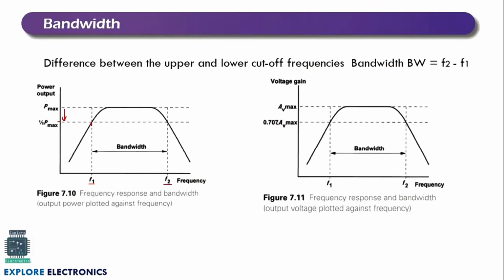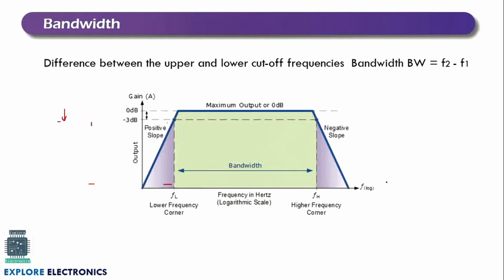We need to multiply 0.707 by the maximum gain, so that we get the lower cutoff as well as the higher cutoff frequencies. This is how we can find the bandwidth of the amplifier by looking at the frequency response.